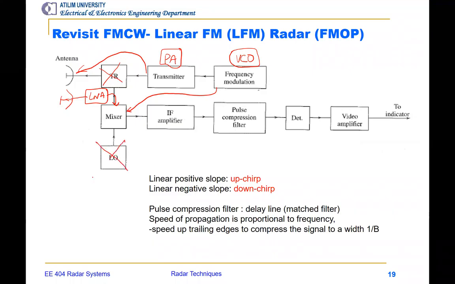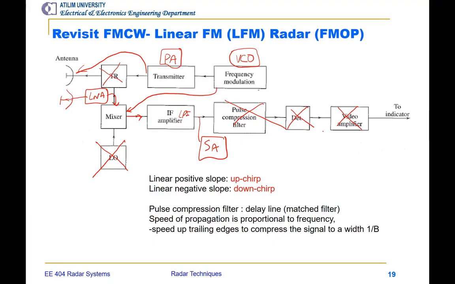So instead of a local oscillator, we have a VCO. We mix them and get the IF. Then we simply use a low pass filter here and connect a spectrum analyzer to see the beat frequency, which gives us the range. We did not use a pulse compression filter, detector, and video amplifier in the laboratory.